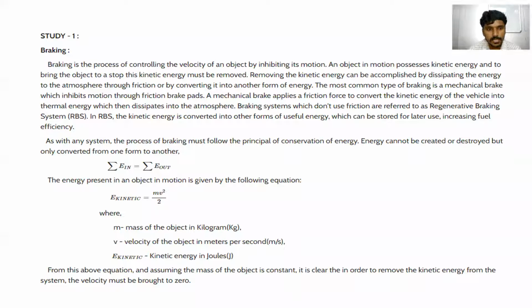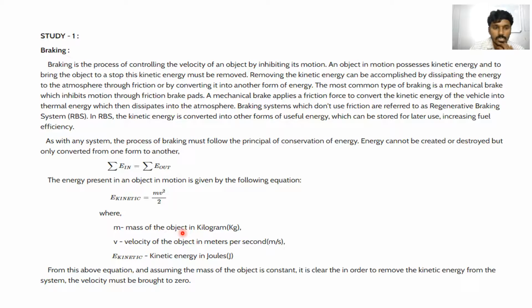The energy present in an object in motion is given by the following equation. So we already know the formula. What is the formula for finding the kinetic energy? Kinetic energy is equal to 1/2 m v squared, or 0.5 m v squared.